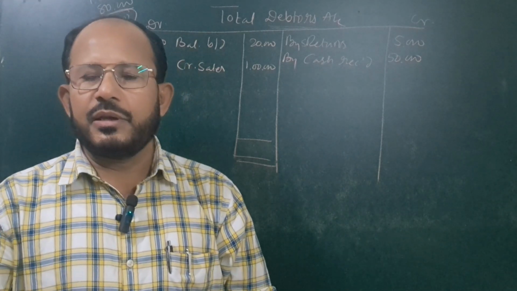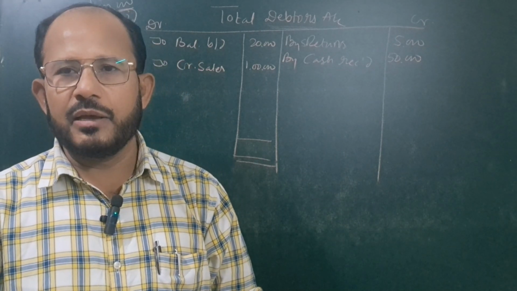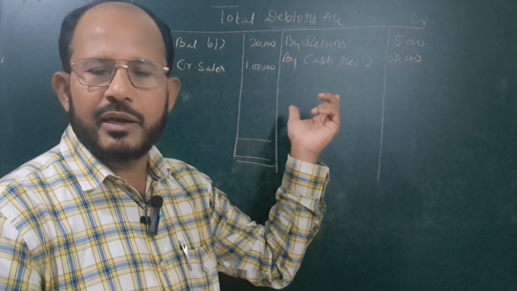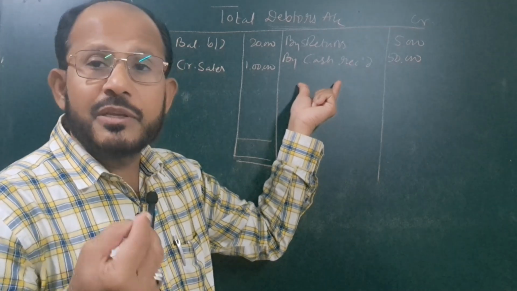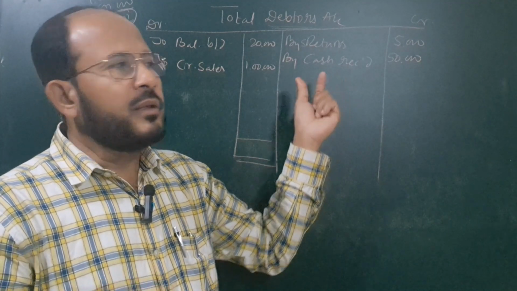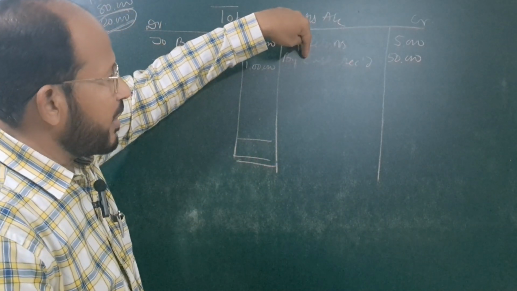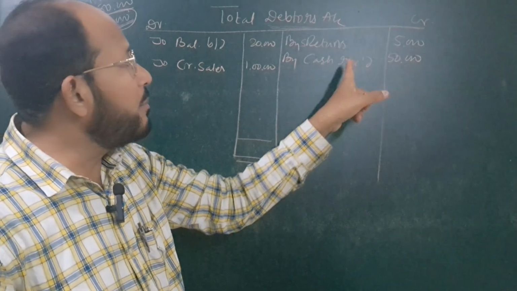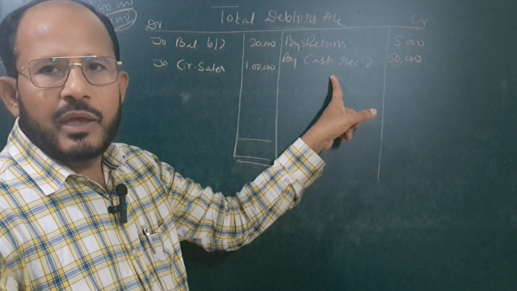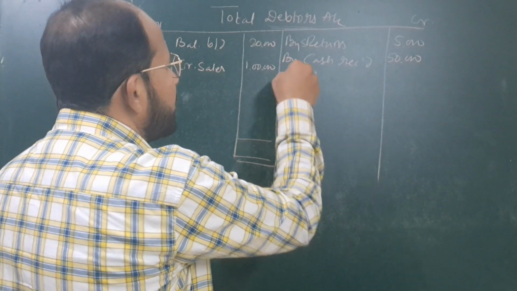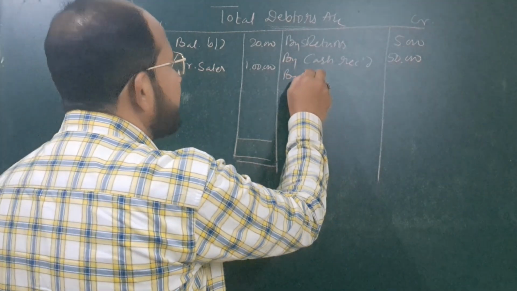You know that even bills are used in credit transactions. That is why here the businessman has collected some bills. Therefore, such bills should also be taken here. If the cash is collected in the form of cash, that should be recorded. If the bills are accepted by the debtors, such bills should also be written here as bills receivable.